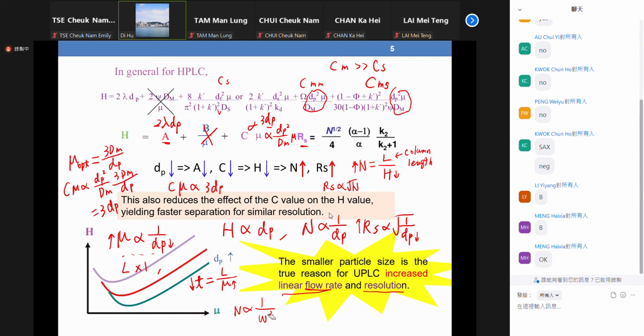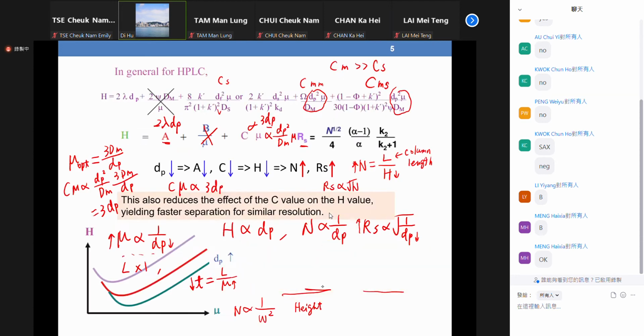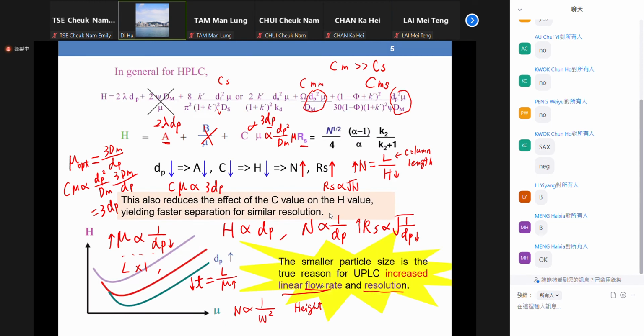So n relates to that, but also the height of the peak. We want a tall peak. The height of the peak is proportional to 1 over W. So that means the height is proportional to the square root of N, which is proportional to 1 over dp, right?